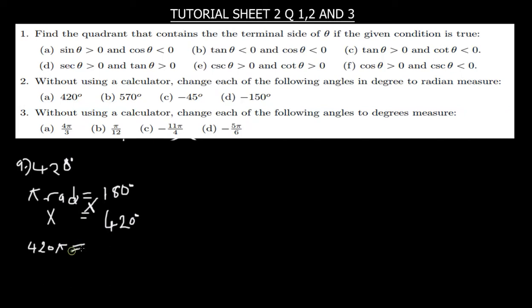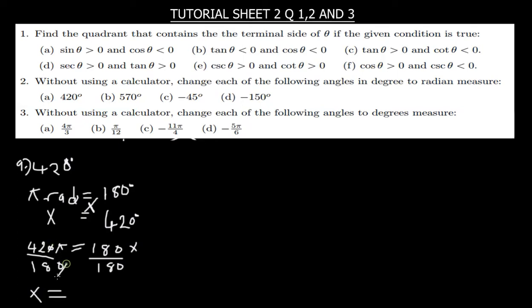And then I'm going to say equals 180 times x, I'm going to get 180x. And then I'll divide everything by 180, and then I'll get my x. So you can reduce this to its lowest term.